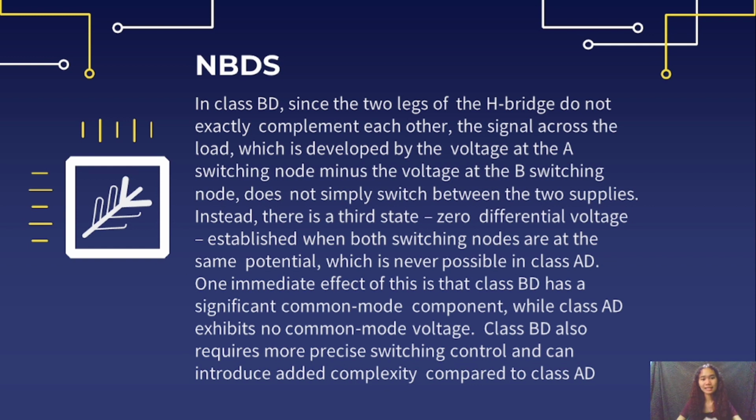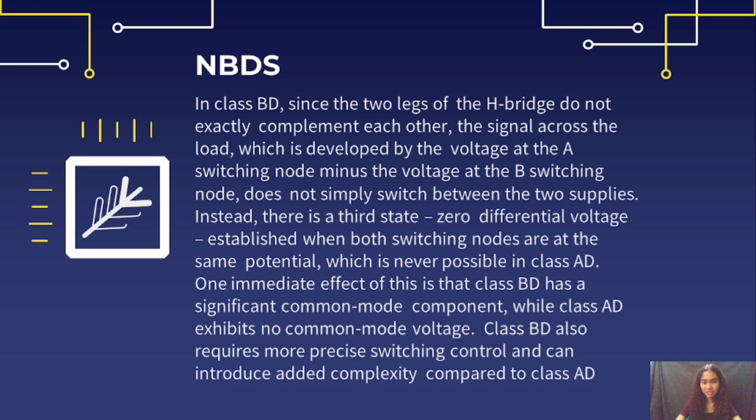In class BD, since the two legs of the H bridge do not exactly complement each other, the signal across the load, which is developed by the voltage at the A switching node minus the voltage at the B switching node, does not simply switch between the two supplies.